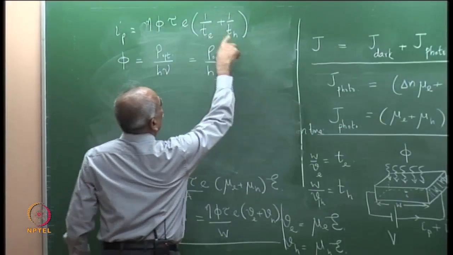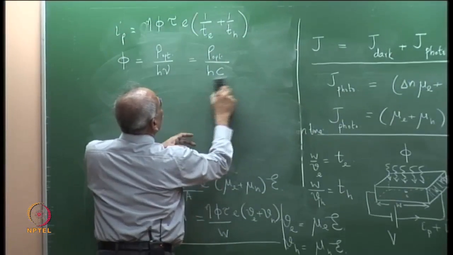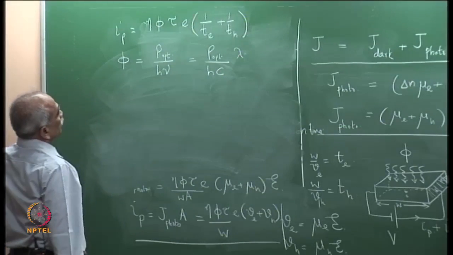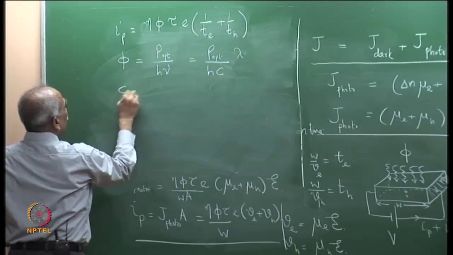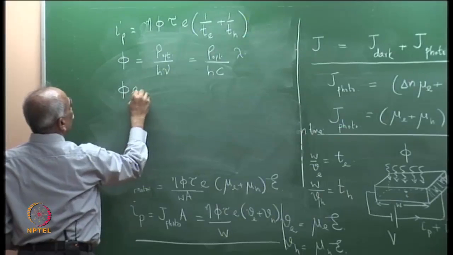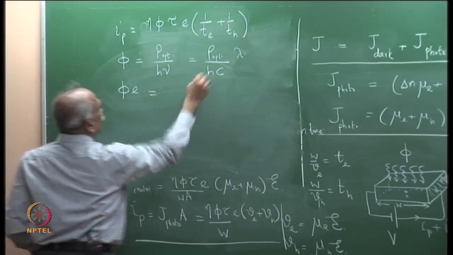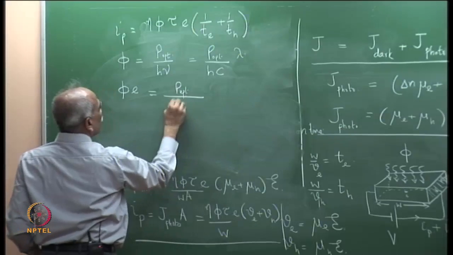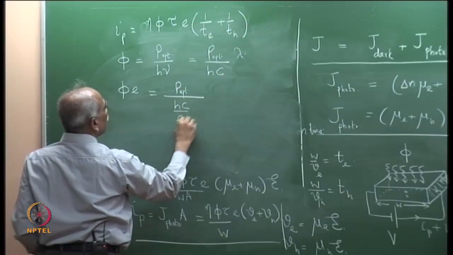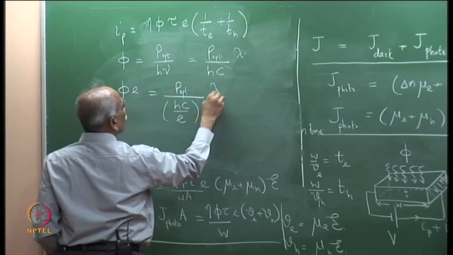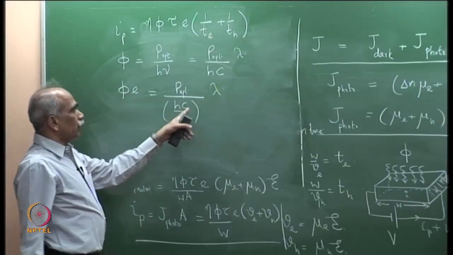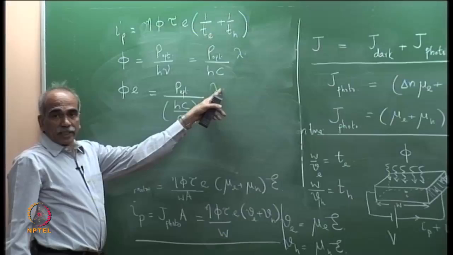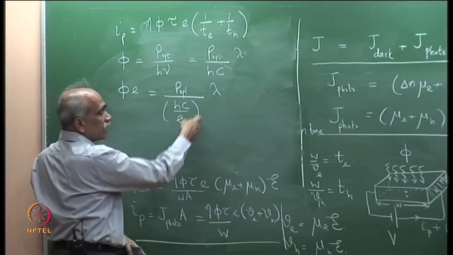Now, phi into E is equal to P_opt divided by h c by E into lambda. If you substitute lambda in micrometers, then this number is 1.24.